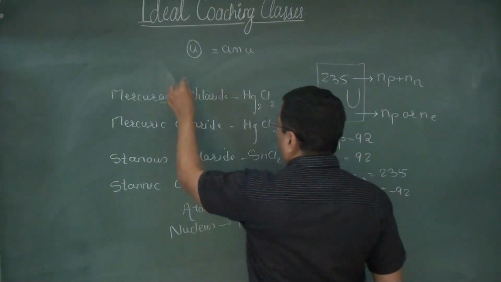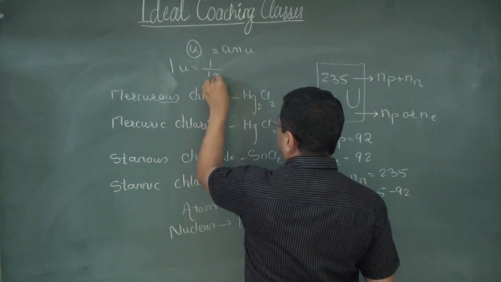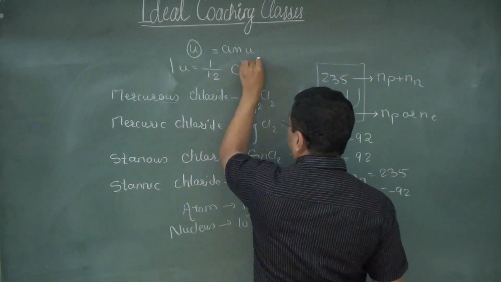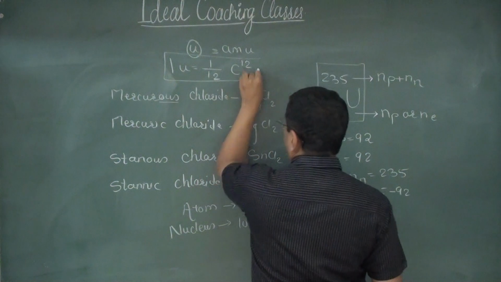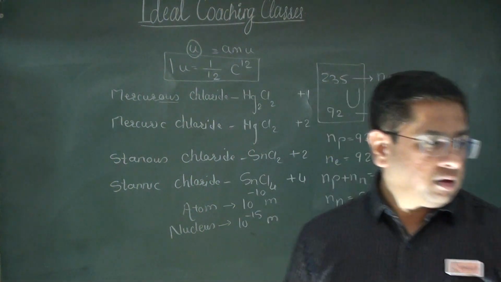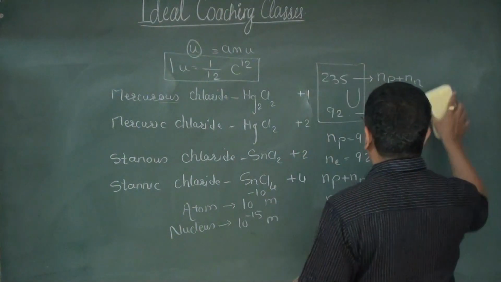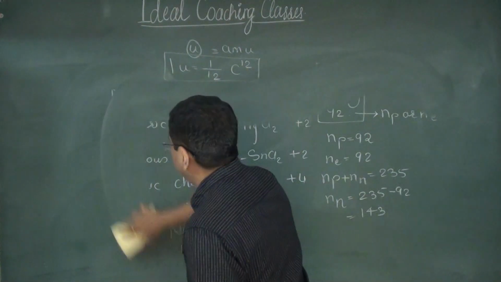One unified unit is 1/12 the mass of C12 isotope of carbon. What do you mean by that?